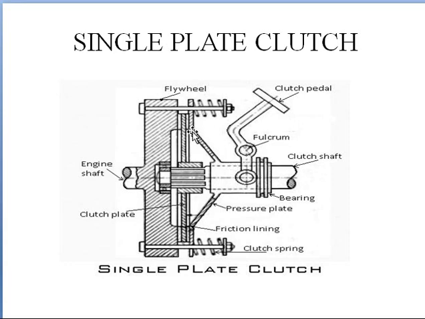As a result, the driving shaft and driven shaft will get disengaged. And when we remove the leg from the pedal, because of the spring action, the flywheel and the pressure plate will come in contact with each other. So this is how the single plate clutch works.